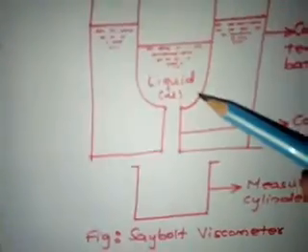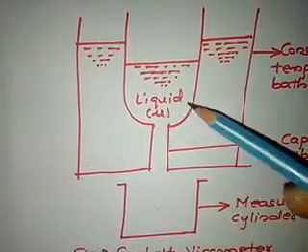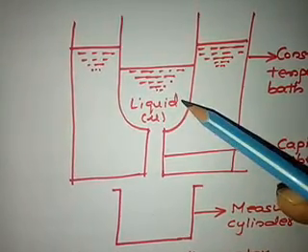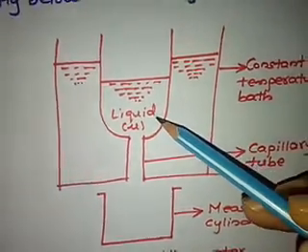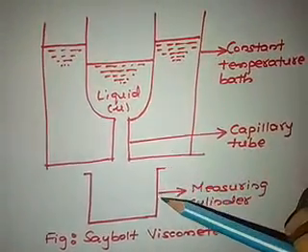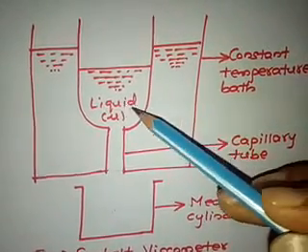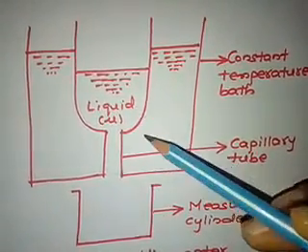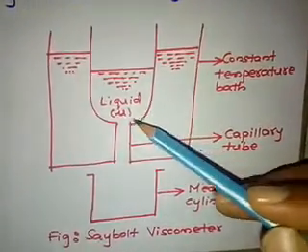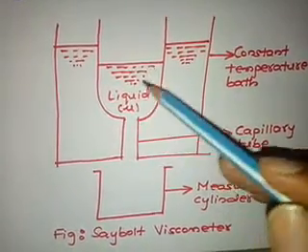The time taken for 60 cubic centimeters of the liquid to flow out of the reservoir and fall into the measuring cylinder indirectly measures the viscosity of the liquid. This is how efflux viscometers are used, and in particular the Saybolt viscometer.